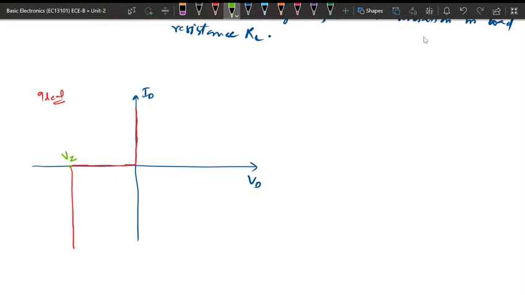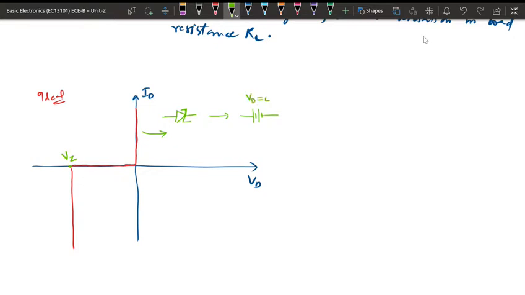In forward bias, this Zener diode will be replaced by an equivalent circuit. This Zener diode can be replaced as a constant voltage source equivalent to the knee voltage. In this case, if it is ideal, the voltage across this will be zero.